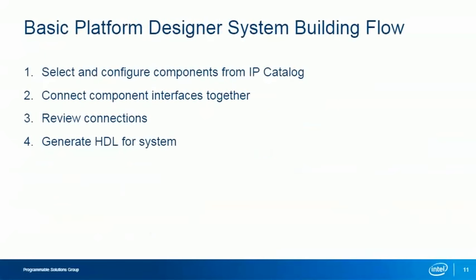Building a basic system design in Platform Designer involves 4 main steps. First, select the components you want in your system from the IP catalog and configure them using each component's parameter editor. The parameter editors provide a graphical tool for selecting each component's optional settings. Next, use the Platform Designer user interface to connect the interfaces for each component together.